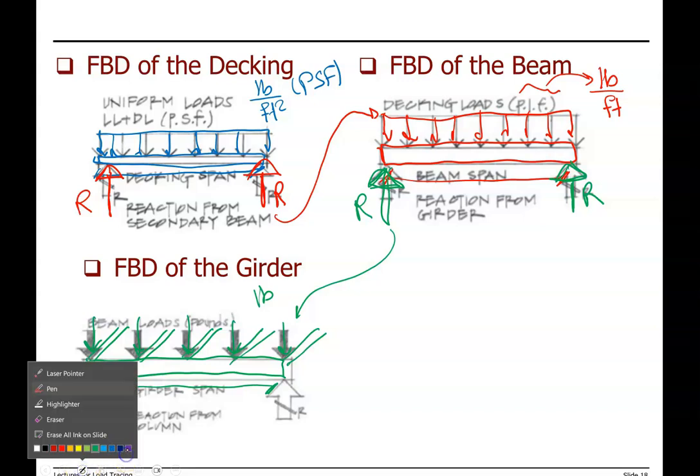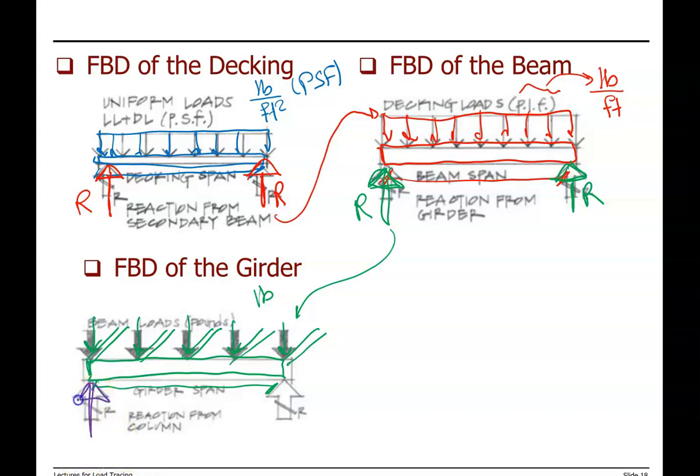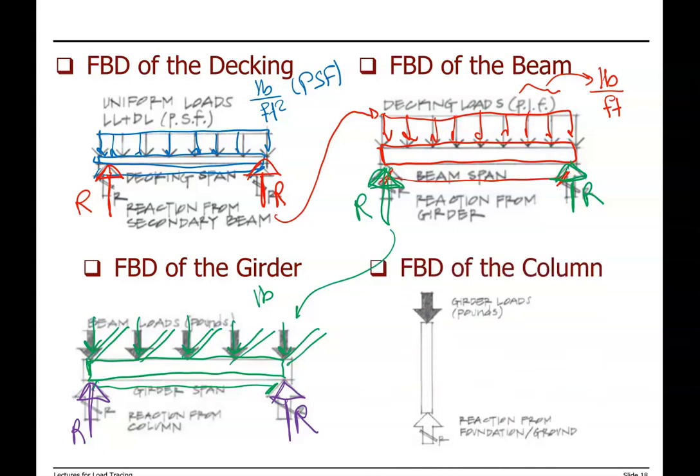Now we calculate the reactions here. Again, reactions here, when we do the calculation, are the loads transferred to the columns supporting the girders.